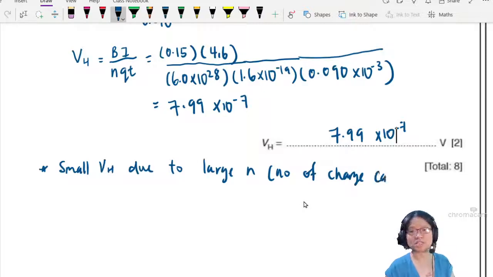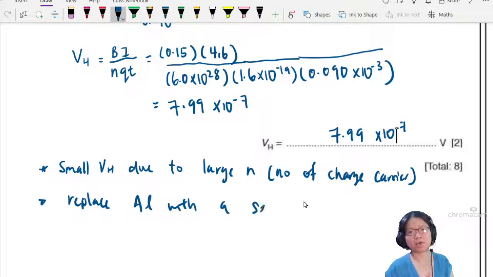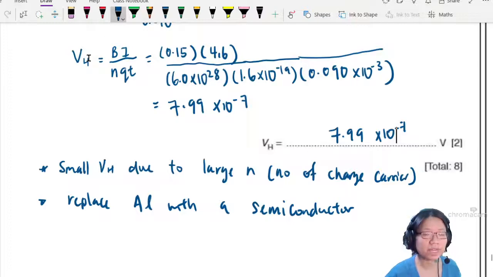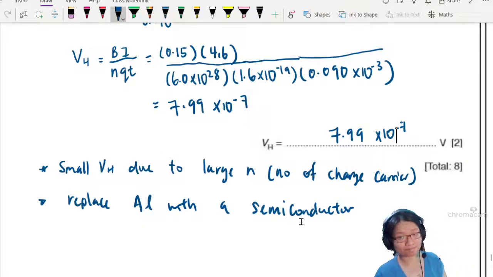So what is the suggestion? Replace the charge carrier. Replace aluminium with a semiconductor. The fewer charge carriers we have, the bigger the VH, and the easier to measure.